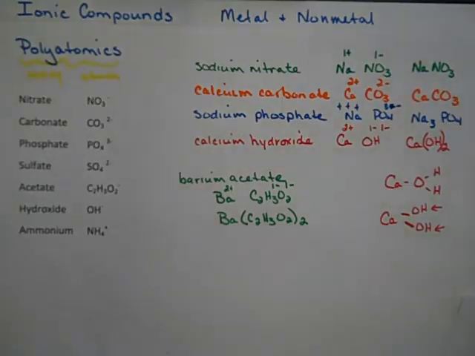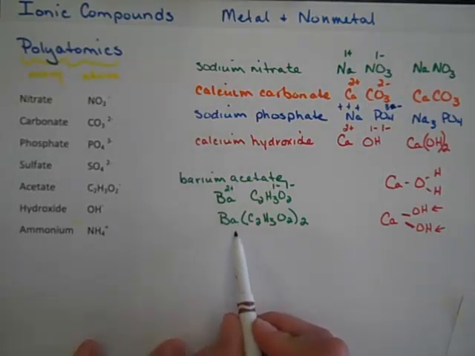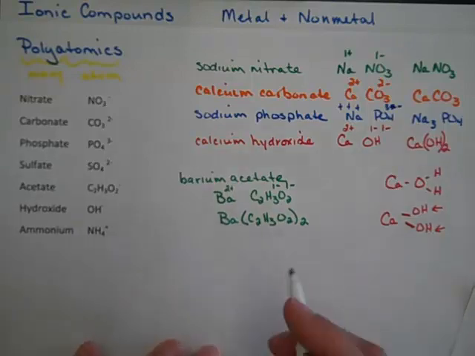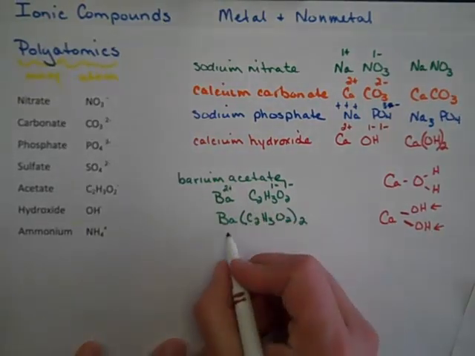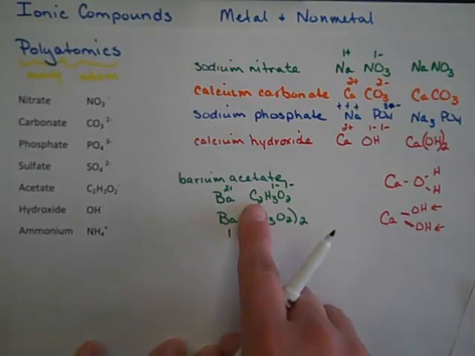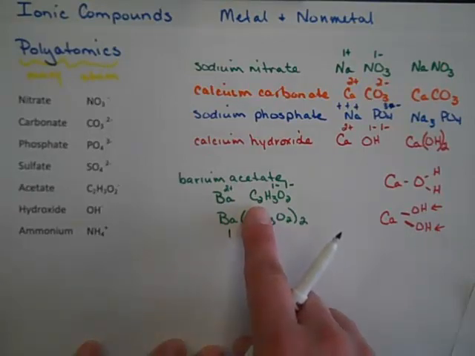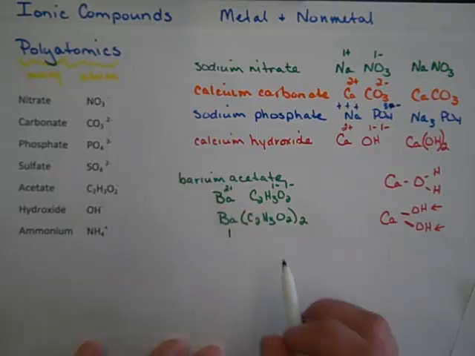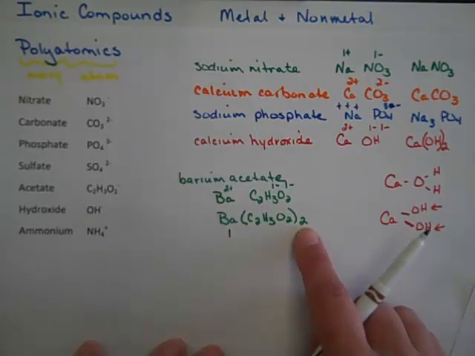Now the question becomes, how many atoms of each one do we have? Because this is kind of interesting as well. If we look at our barium, how many barium atoms do we have? Well, we have 1, because there's just 1. If we look at our acetate ion, we have 2 carbon atoms in 1 acetate ion. And how many acetate ions do we have down here?